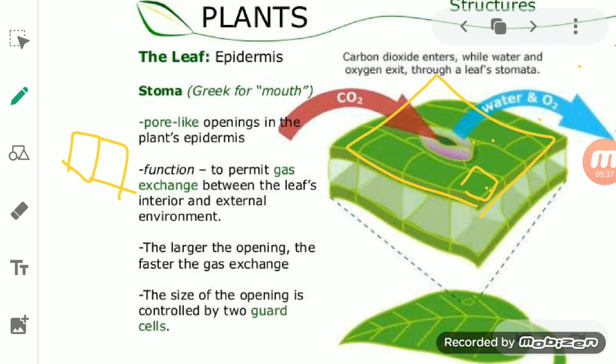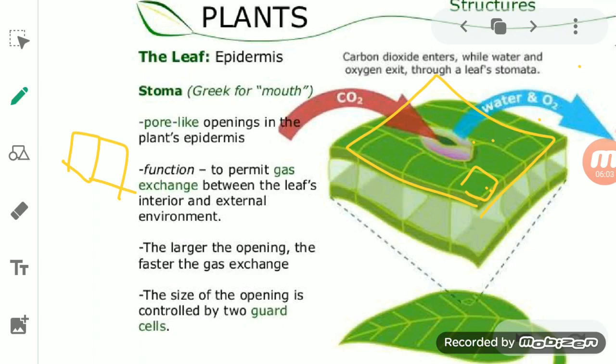The outer wall of the epidermis is usually thick and it is covered with an organic substance called cuticle, which is a separate layer outside the epidermis. This cuticle consists of an organic substance, that is cutin.